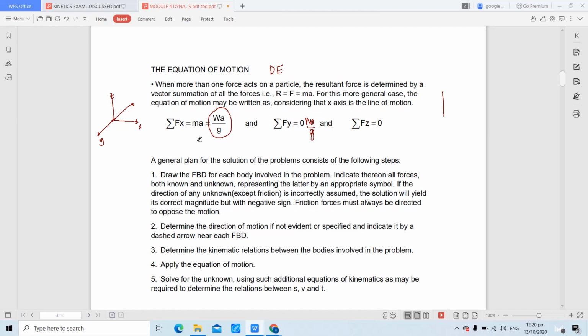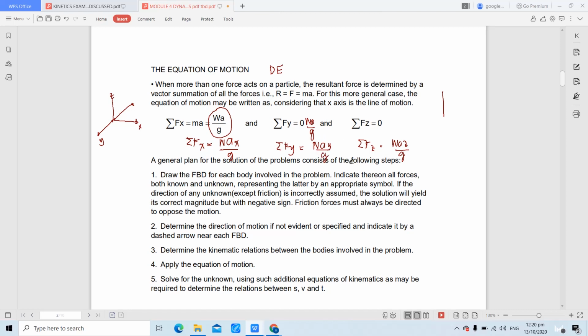But then, magiging equation natin is summation of forces along X equivalent to W AX over G. Ito naman, summation of force along Z is WAZ over G. We will use the component along the axis of their motion. Ito naman magiging 0. Pero kapag 3-dimension yung motion, itong summation of y is equivalent also to WAY over G.